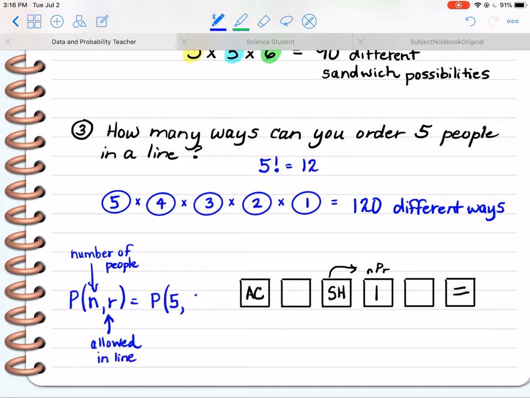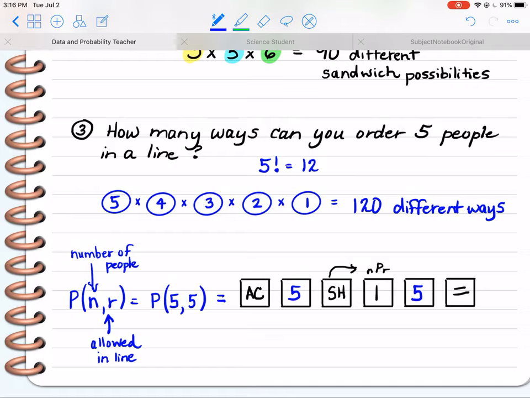We're going to let them all in. The question is just how are we going to have them in order? So we have 5 people, and we're going to choose 5 people. We're going to allow 5 people into our line. And that's what you substitute into your calculator steps. So all clear, 5, shift 1, 5, equals, and you get 120, which is what I would expect to get.